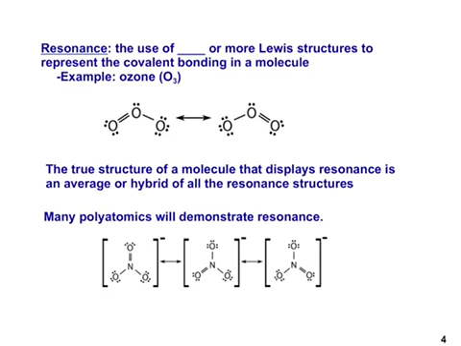Resonance structures are other things that we often see with polyatomics. Many polyatomics will demonstrate resonance structures. And this is the use of one or more Lewis structures to represent the covalent bonding in a molecule. So for example, ozone, which has 3 oxygen molecules bonded together, can have this first drawing. And what you'll notice here is that the double bond is between, let's call this the first and second oxygen.